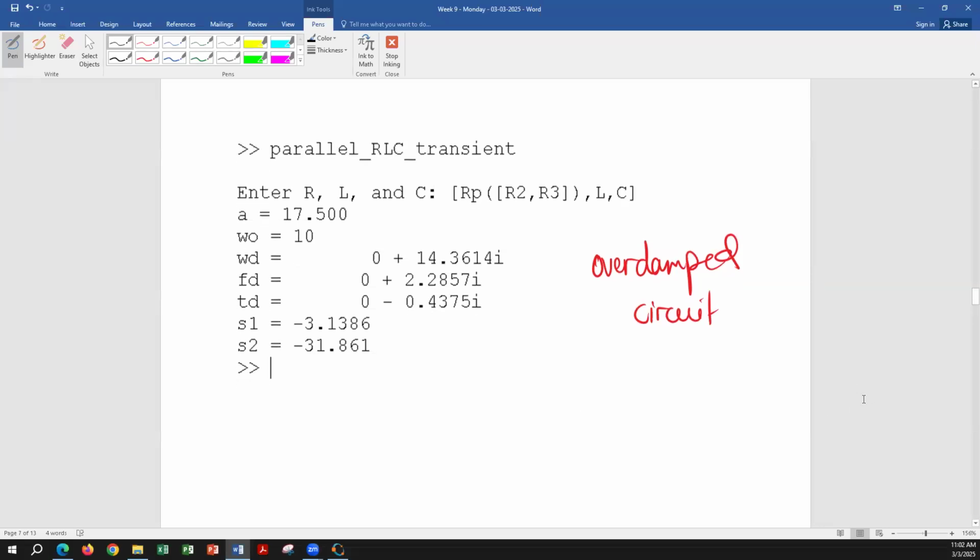Okay. So if I go with finding the capacitor voltage, it's going to be the steady state value plus the natural response. Steady state value plus A1 e to the power S1t plus A2 e to the power S2t.